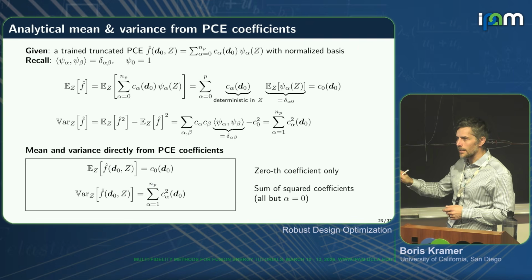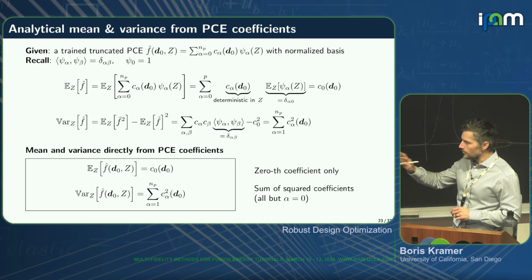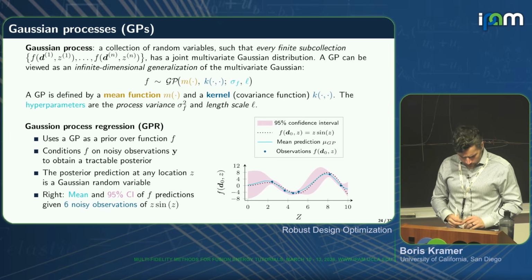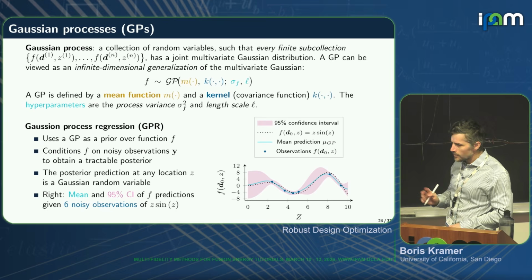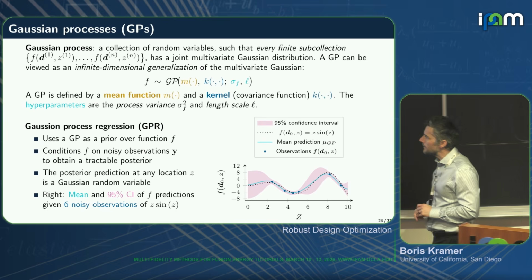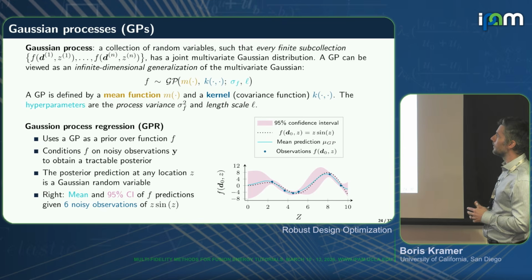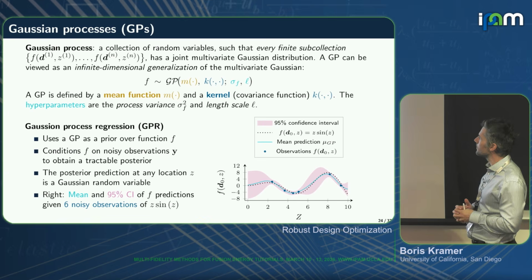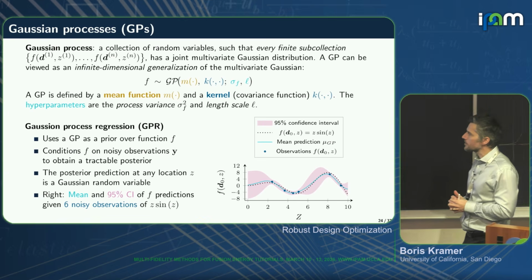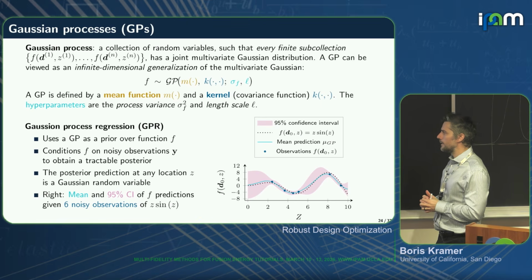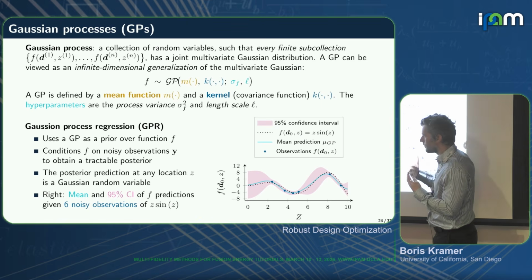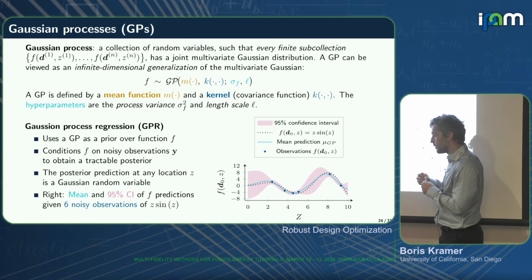But PCEs are a nice way to do it because people like them, because you get explicit means and variances. I also had some stuff about GPs, but I'm going to skip this because I want to show you some results. In Gaussian processes, it's similar. You make assumptions, you define them through means and kernels, and then you might have some hyperparameters that you want to tune. Gaussian processes are nice for learning.